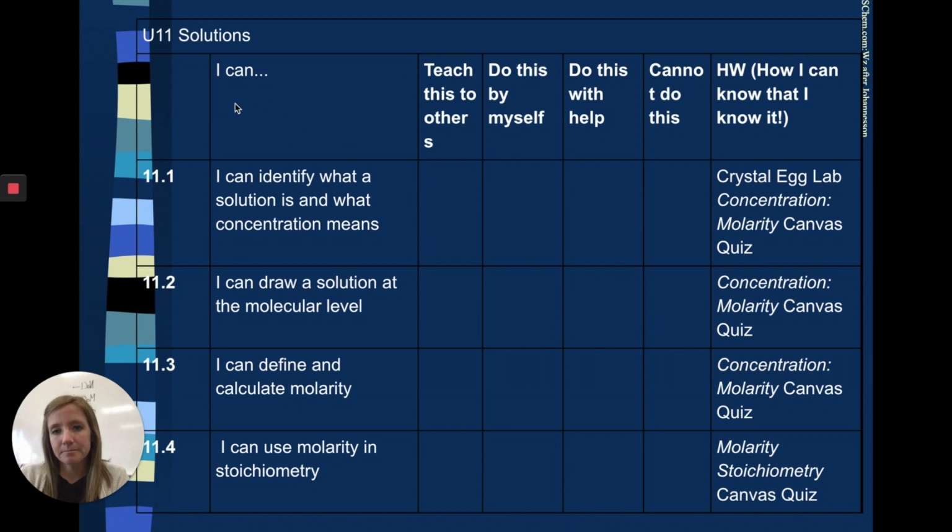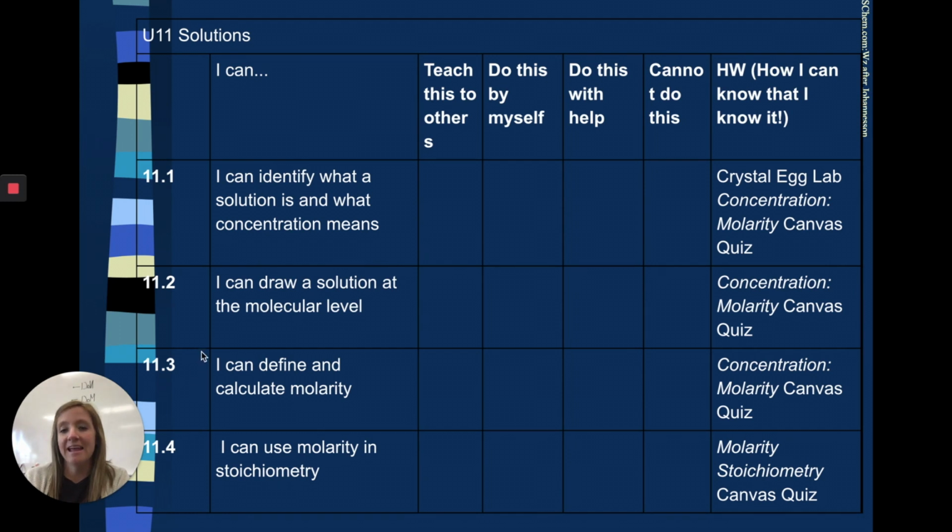Number one, I can identify what a solution is and what concentration means. You should have been introduced to that concept if you have done and read the AIG lab. If you haven't, get that done to get caught back up, and then we'll talk more about that one today. And then 11.2, I can draw a solution at the molecular level. We're going to learn that one today.